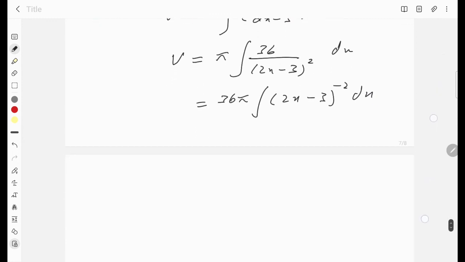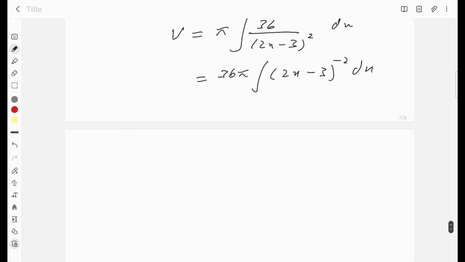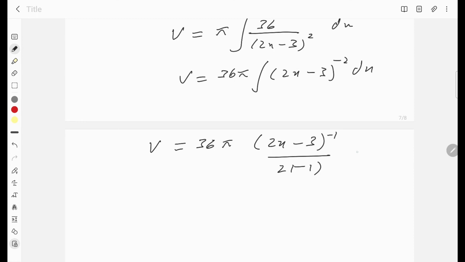Now this is a convenient form, and you can integrate it. 36 pi remain as it is. Integral of this linear bracket is 2x minus 3 to the power minus 2 plus 1, which is minus 1. Same power will come in the denominator, multiply by the coefficient of x, which is 2.